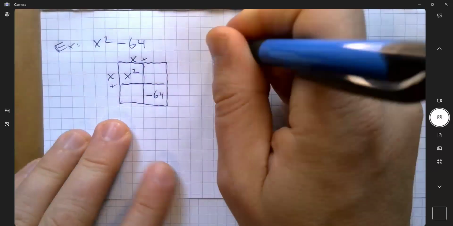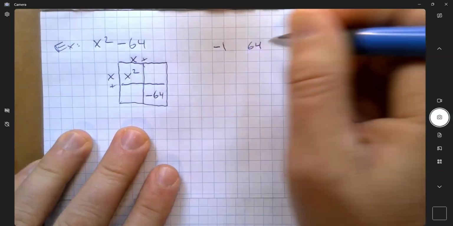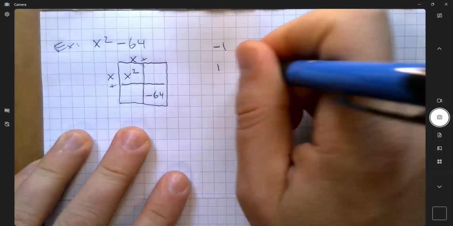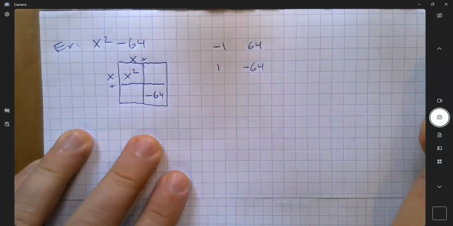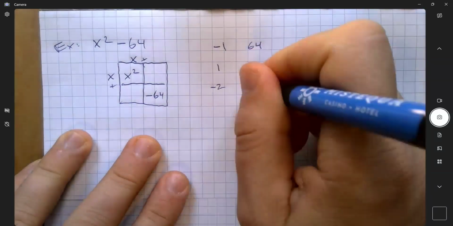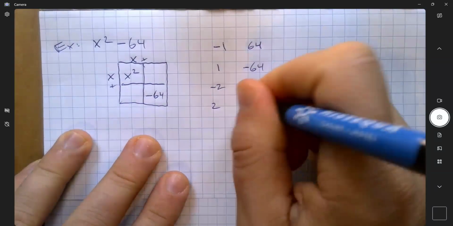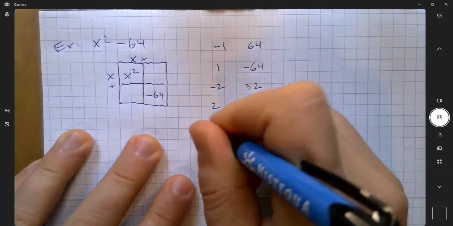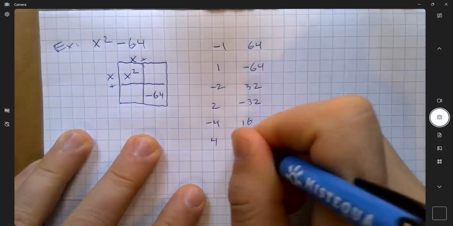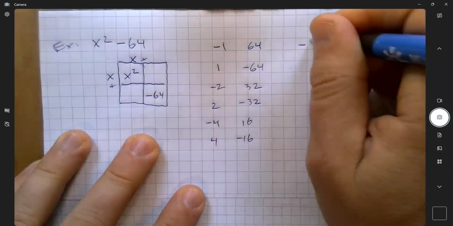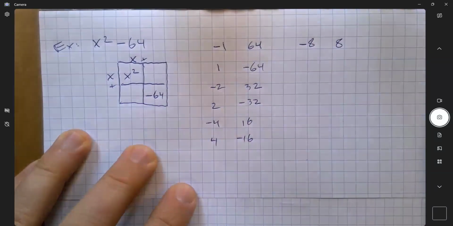So I want two numbers that multiply to be negative 64: negative 1 and positive 64, or positive 1 and negative 64, negative 2 and 32, or 2 and negative 32, negative 4 and 16, or 4 and negative 16, or negative 8 and 8.